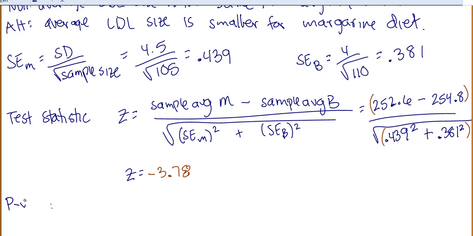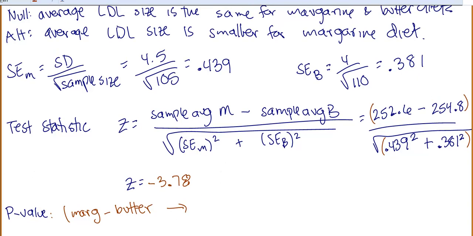Now it's time for the p-value, but first we have to figure out what direction we want to shade. So I come back once again and I say, okay, I did an order of margarine minus butter. Now let's go back to the alternative to see which one is supposed to be smaller or bigger. The average size is supposed to be smaller for margarine.